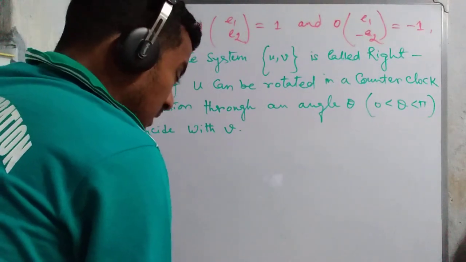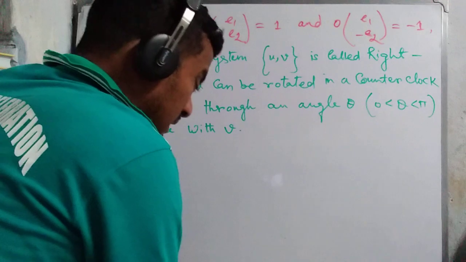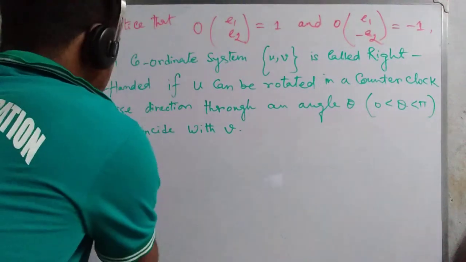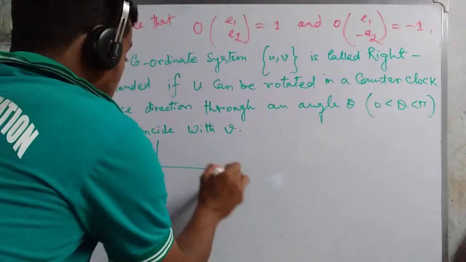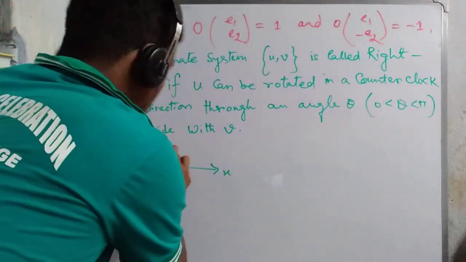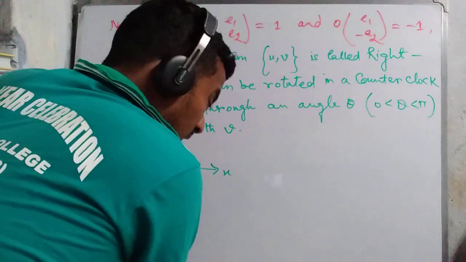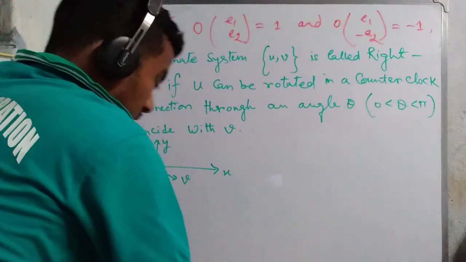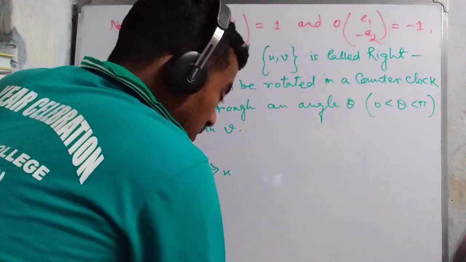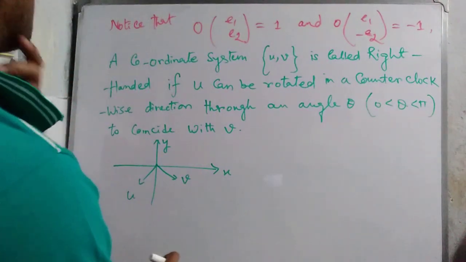We also write it this way: this one is X, this one is Y, and here this one is U, this one is V, counterclockwise. This is a right-handed coordinate system.